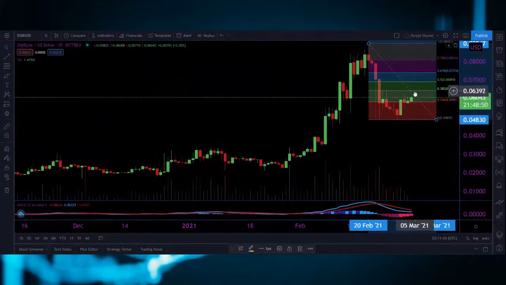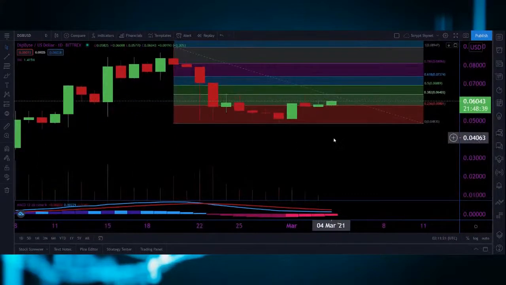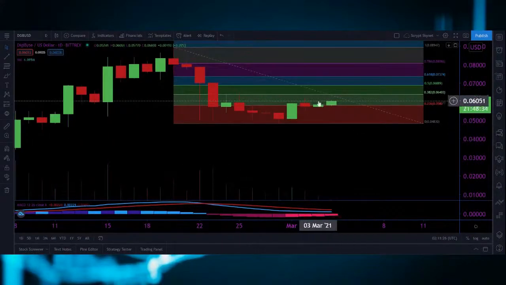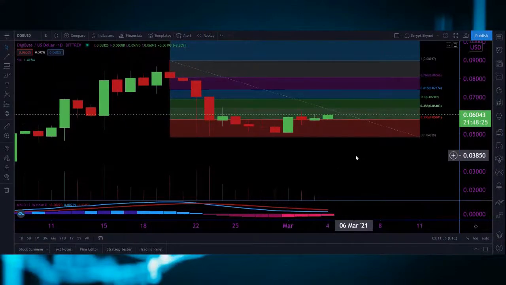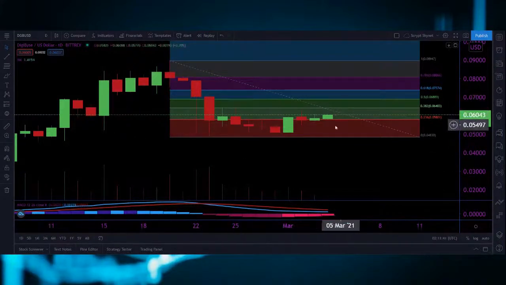DigiByte on the daily needs to come up and get bought up within the 0.168. It just seems like our resistance, I don't know why we're getting resistance right here at this level, the 0.38. Maybe if we break through there, then we can go and break the 0.68. Seems to be the most resistance up here, but for some reason we're getting some right now.